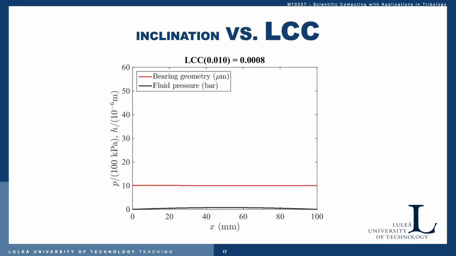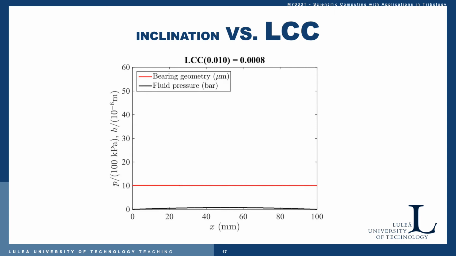Okay, so inclination is small and load carrying capacity of bearings is large, in numbers at least. What we see here now is the development of pressure, black curve, due to a bearing geometry change in terms of inclination.